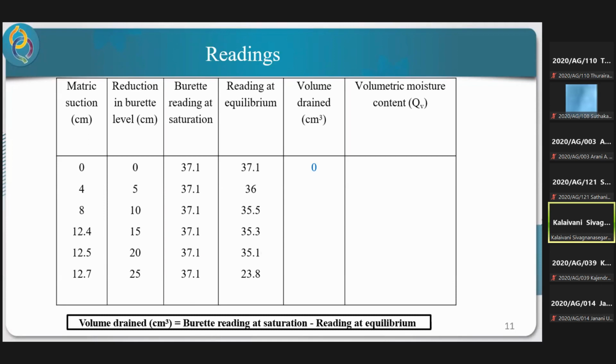You already studied, no? Volumetric moisture content. What is the equation? Any one of you?